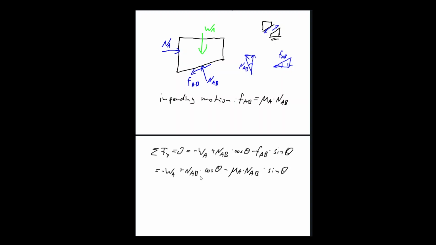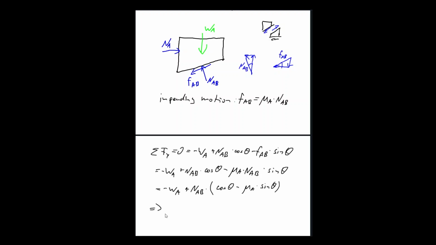And then we can go ahead and solve this for NAB. Maybe we'll rewrite it to make it a little easier: WA equals NAB times, here it's just cosine theta, minus mu A times sine theta.